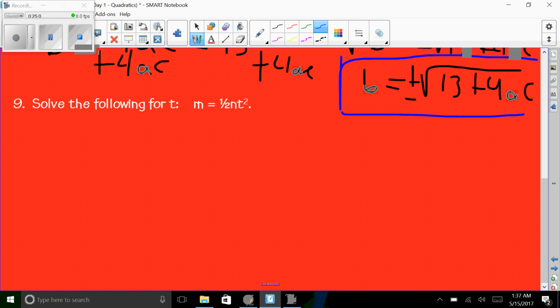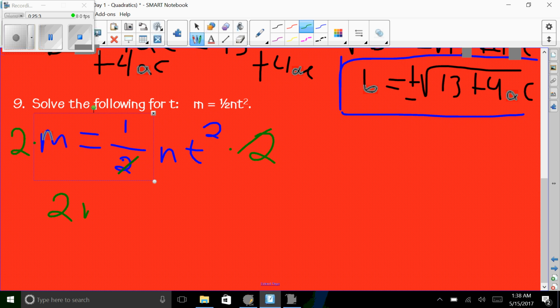So here we're solving for t. The furthest thing away from the t right now is the 1/2. What's the opposite of divided by 2? You multiply by 2 on both sides. This causes the 2's to cancel. You're left with nt squared.